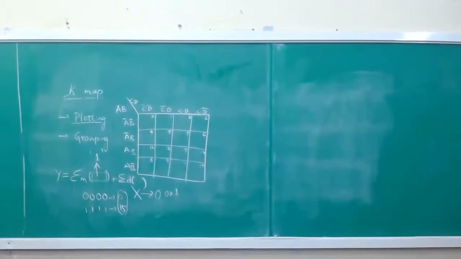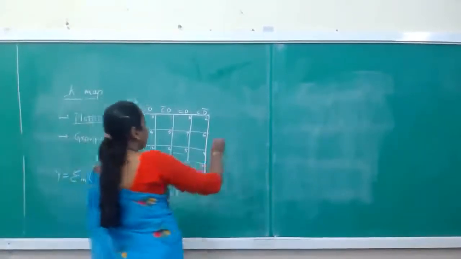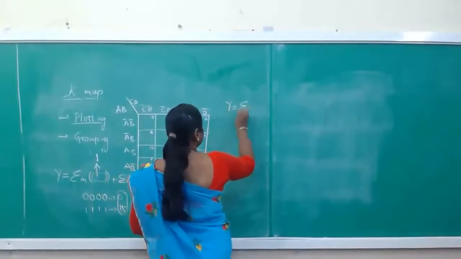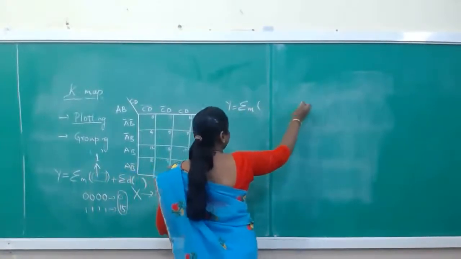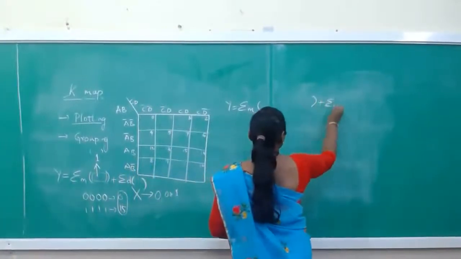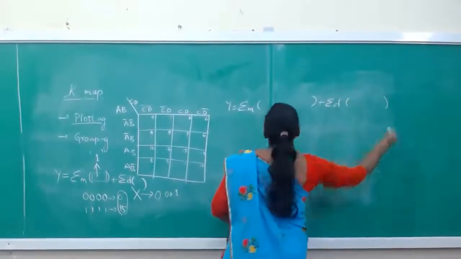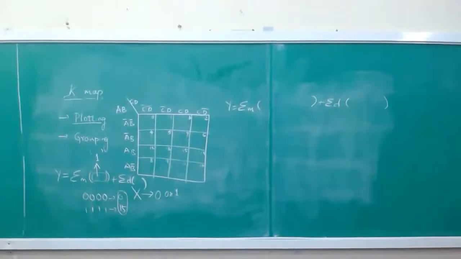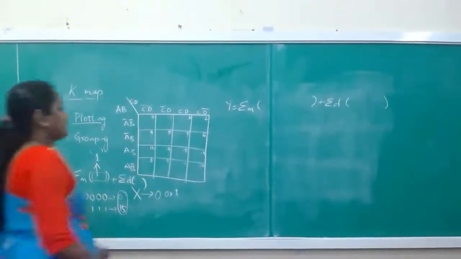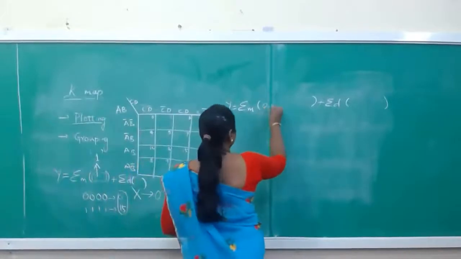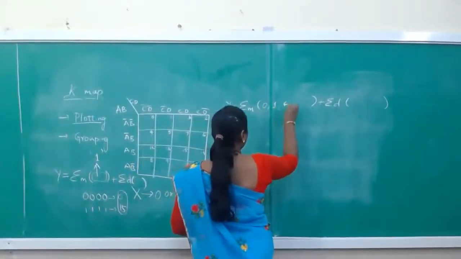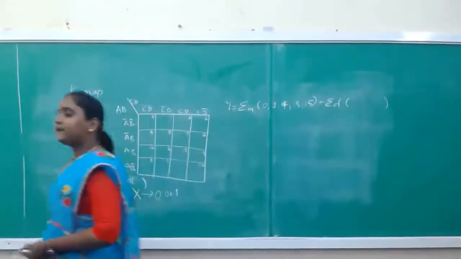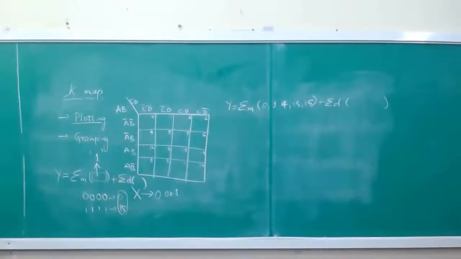Now let's consider one of the examples, that is Y is equal to sigma m of certain values plus sigma d of certain values. The values are 0, 1, 4, 13 and 15, and the don't care terms are 2, 5 and 7.